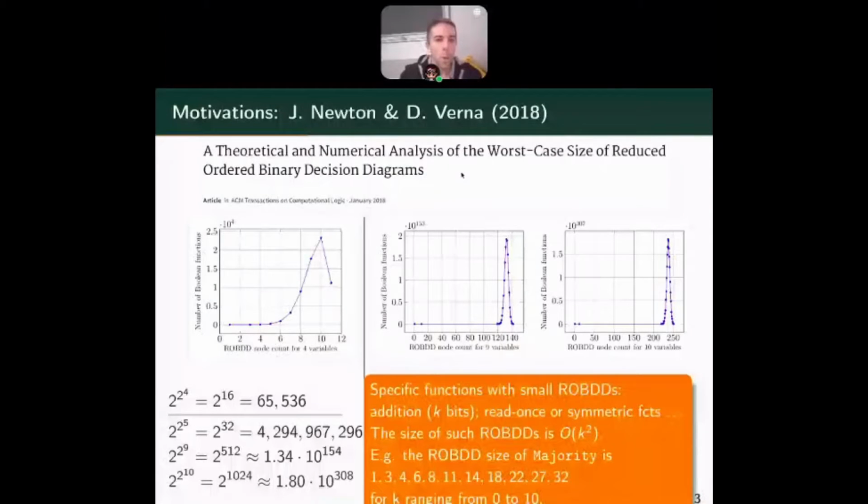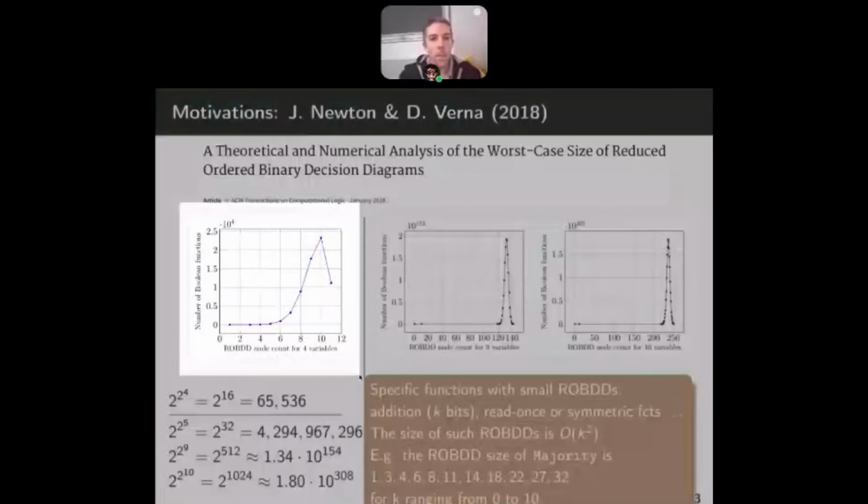So, for example, they were interested in the distribution of the ROBDD size of functions of 4 variables here, and they obtained the complete and exact distribution of the ROBDD size for these functions. So, for example, here we can see that there are approximately 22,000 functions that have a ROBDD of size 10, and the largest ROBDDs for functions in 4 variables are of size 11.